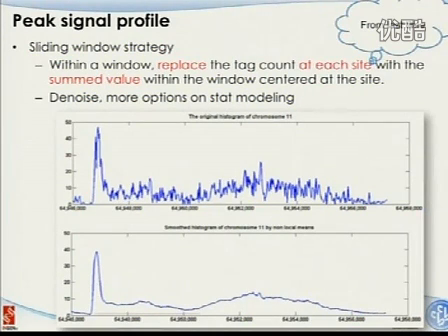Another thing that we talked about briefly is the sliding window strategy. Most people, when they do ChIP sequencing analysis, do not use one individual nucleotide as a unit. Rather, you use a window size. That window size can be 100 base pair, 200 base pair, or 20 base pair. It depends on the resolution that you eventually want to achieve.